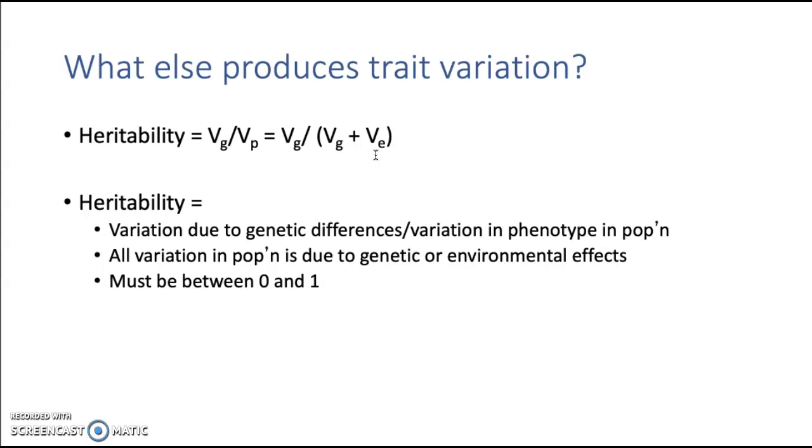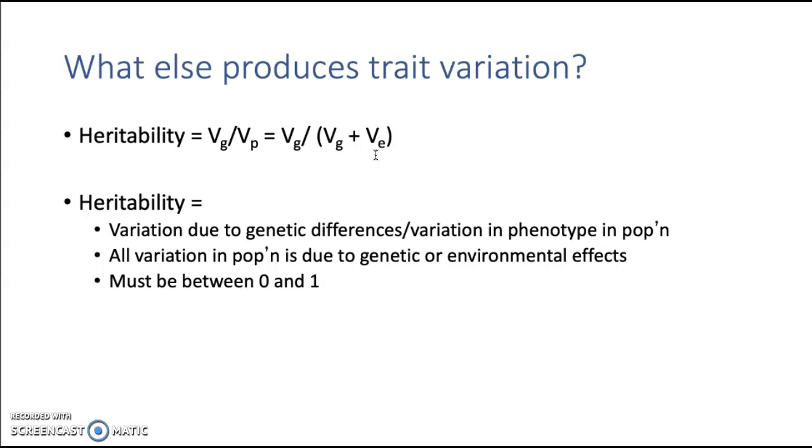Heritability is really a way to look at the effects of genetic differences on behavioral traits within a population. It is always between 0 and 1. If it is 0, then all the variation in a trait in a population is due entirely to environmental differences.